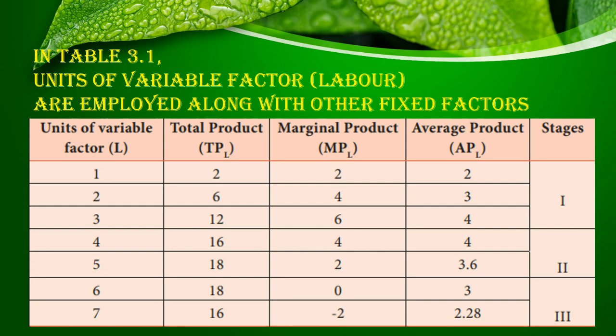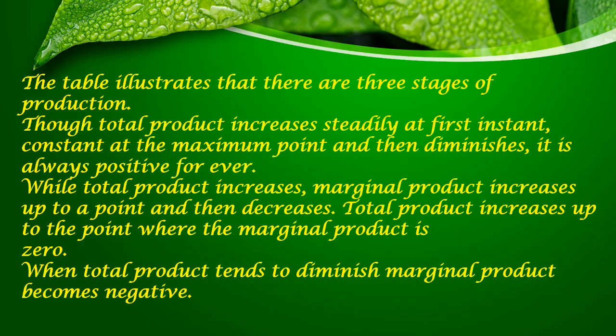So these 3 stages simplify the law very easily. Now the above table illustrates the three stages of production. Though total product increases steadily at first, is constant at the maximum point and then diminishes, it is always positive.